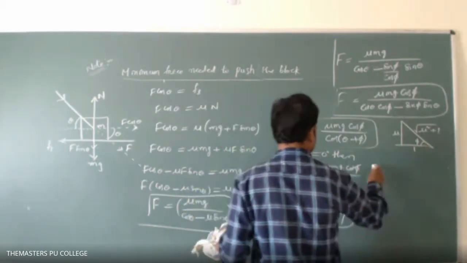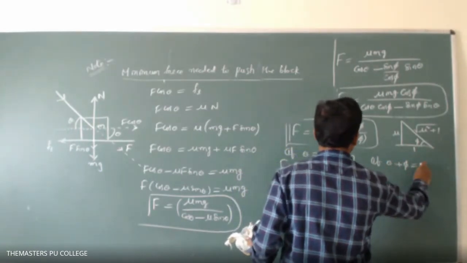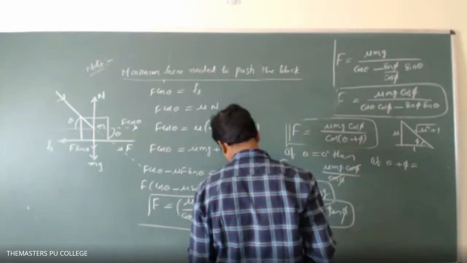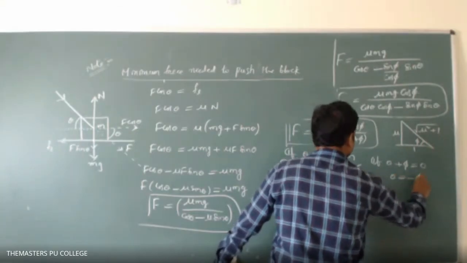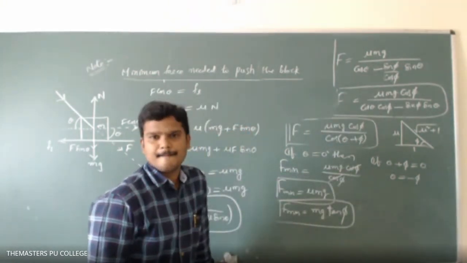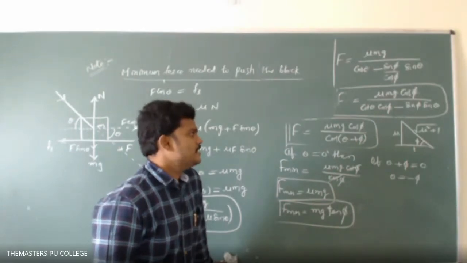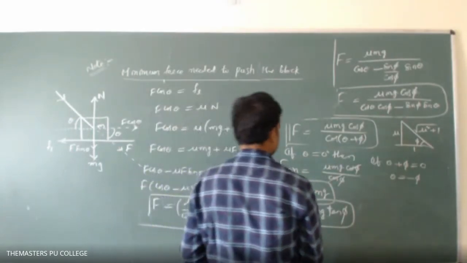Okay, tell me if theta plus phi is equal to, tell me how much? 0, no? Sir, 0. Yes, sir. Okay, carry on. Theta is equal to minus phi. If you write theta is equal to minus phi, okay, no problem.